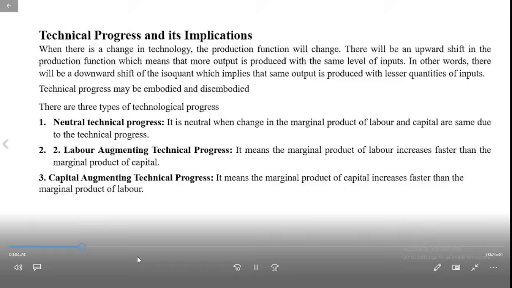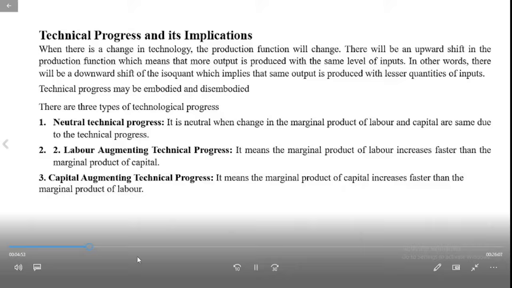Then mainly there are three types of technical progress. The first one is neutral technical progress. Neutral technical progress means because of the improvement in technology, the marginal product of labor and marginal product of capital increase at the same rate.